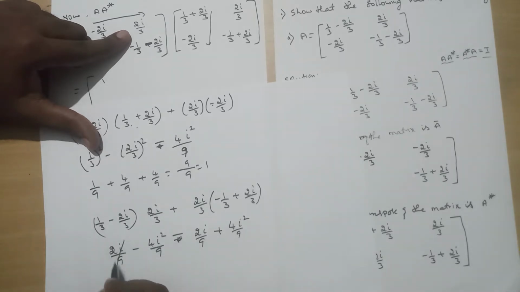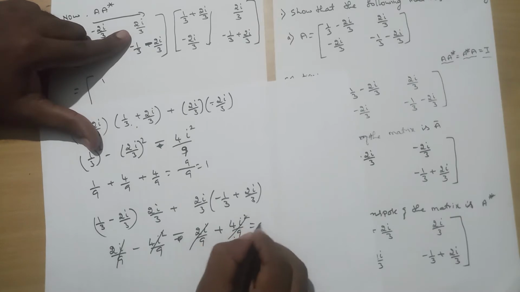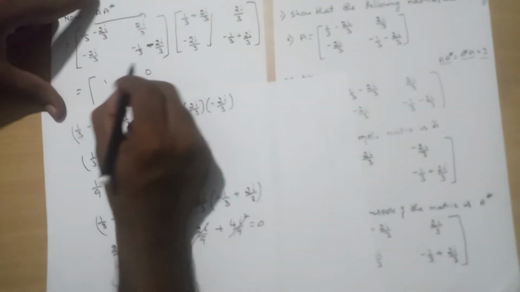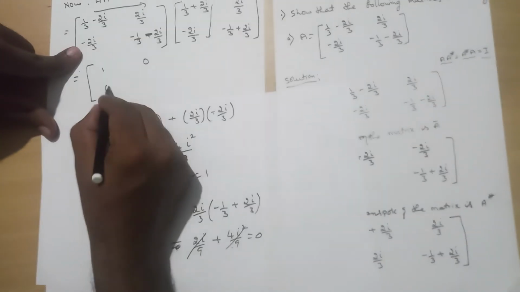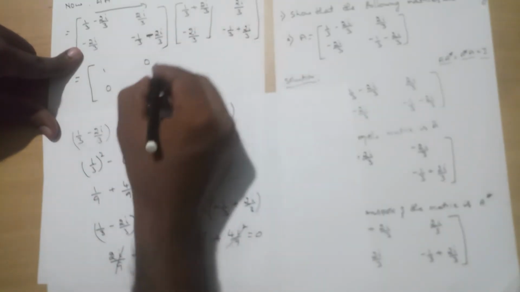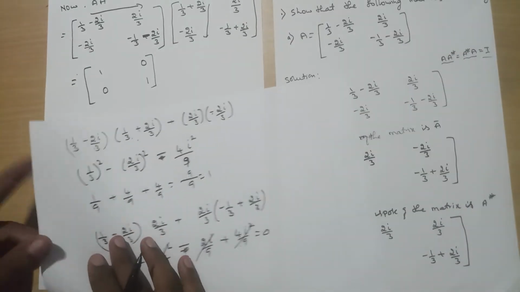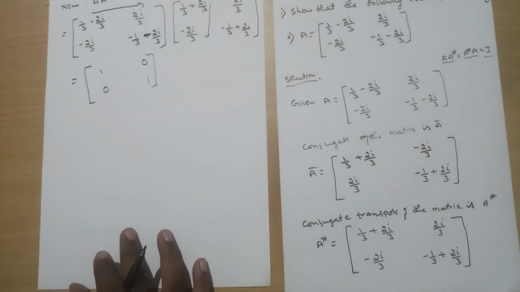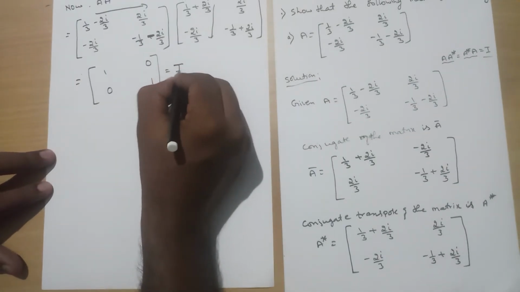Here plus and minus get cancelled, so we will get 0. So 0 ಹಾಗೆ ಇದು ಮತ್ತು ಇದು ಮಲ್ಟಿಪ್ಲೈ ಮಾಡಿದ್ರೆ you will get 0. ಇದು ಮತ್ತು ಈ ಮ್ಯಾಟ್ರಿಕ್ಸ್ ಮಲ್ಟಿಪ್ಲೈ ಮಾಡಿದ್ರೆ you will get 1. So you will get an identity matrix. Okay, so that is I.